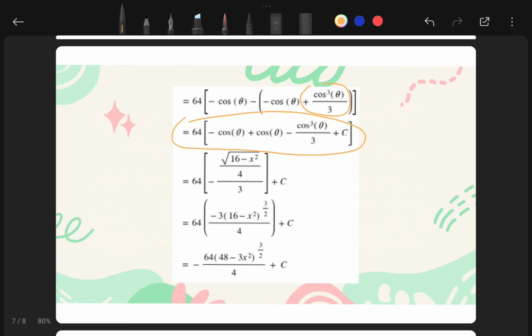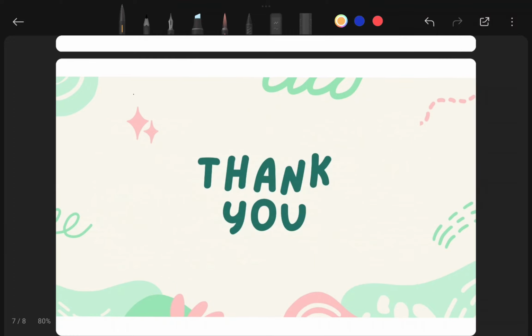Then we solve the equation by putting the 3 over here to the top, and it becomes negative 3 times 16 minus x square to the power of 3 over 2 plus c. So the final answer is negative 64 in the bracket 48 minus 3x square to the power of 3 over 2, over 4, plus c. Thank you for watching the video, and I hope it's going to be a benefit to others.